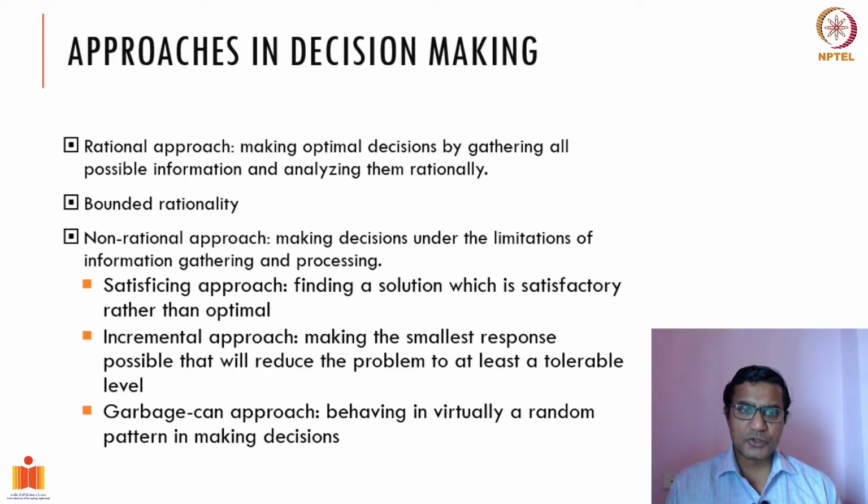So the rational approach is considered to be the best approach because it uses all the possible information and a very systematic method. A systematic method is less subjective. In other words, it involves less bias, because there is a clear-cut description of how a decision should be made, and in a way it is also considered to be foolproof.